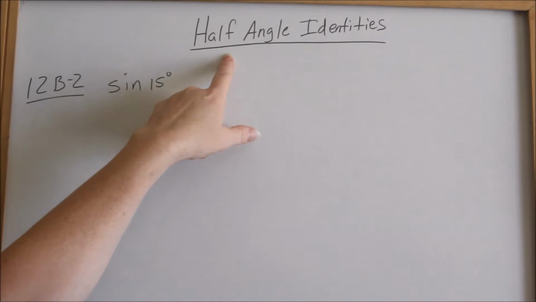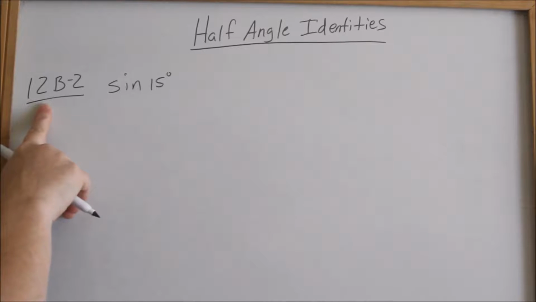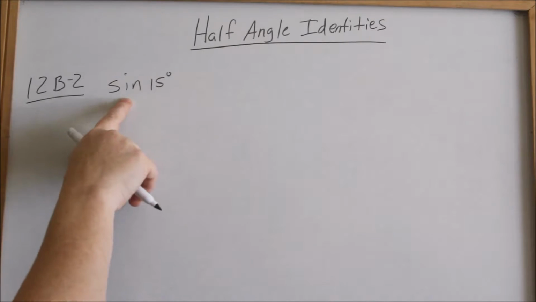Okay, we're going to be doing half-angle identities. This first problem, 12b2, we're looking at sine.